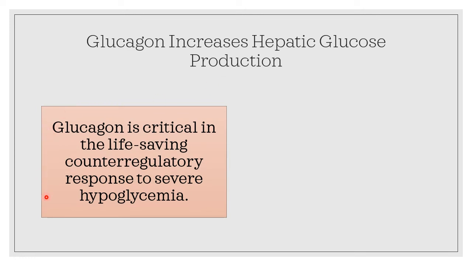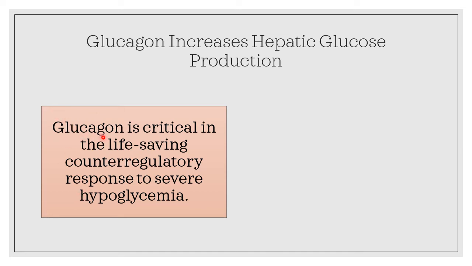So glucagon is critical in the life-saving counter-regulatory response to severe hypoglycemia. So when we say hypoglycemia, that is a low blood sugar, and a low blood sugar in a severe form would be detrimental to humans or animals, and it can cause death.